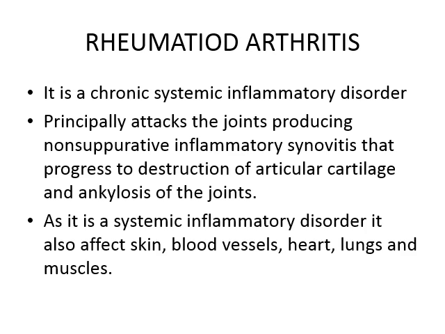Ankylosis means narrowing of the space of joint. It may be fibrous or it may be osseous. Later on we will discuss ankylosis. It is a systemic inflammatory disorder. It also affects skin, blood vessels, heart, lungs, and muscle.